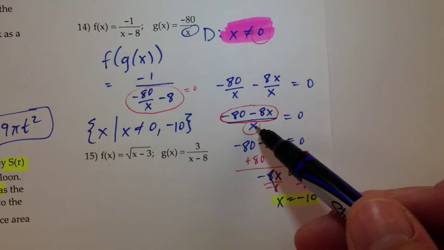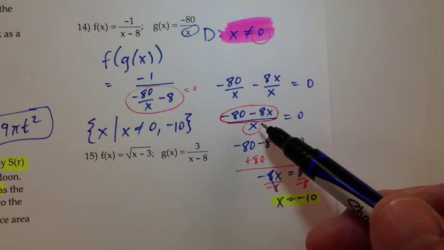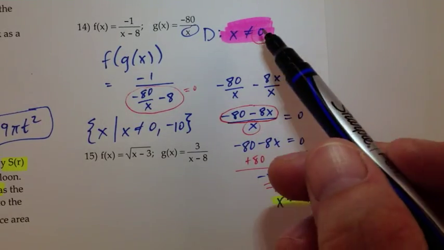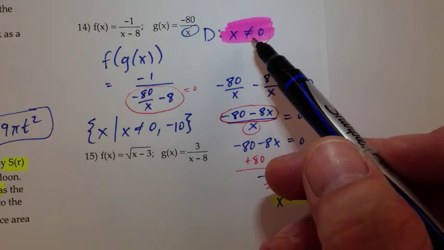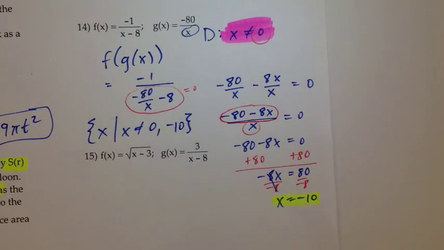In fact, 0 would also make f of g of x not exist as well, but we don't always get that lucky. So sometimes that initial restriction on the domain of g kind of vanishes when we get into f of g, and you might see that here in number 15.